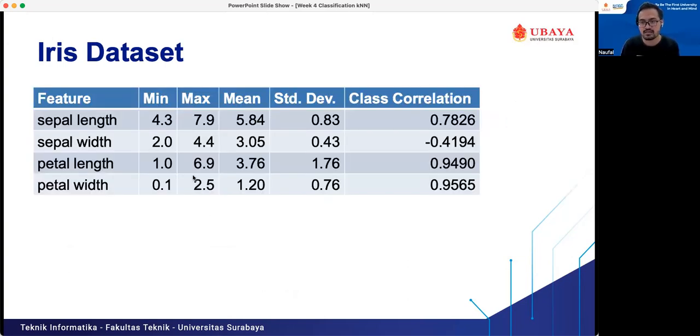So this is the class correlation between the feature and the output. What does the class correlation mean?